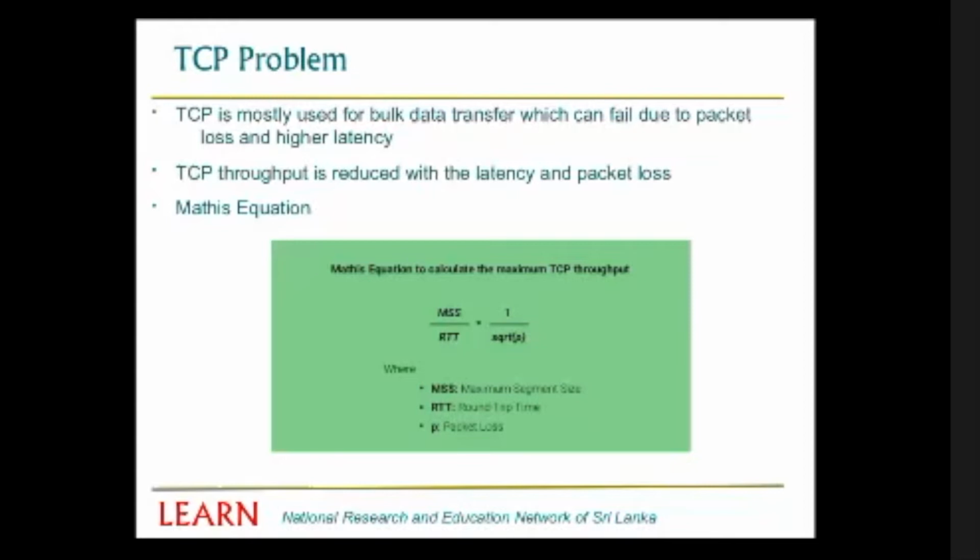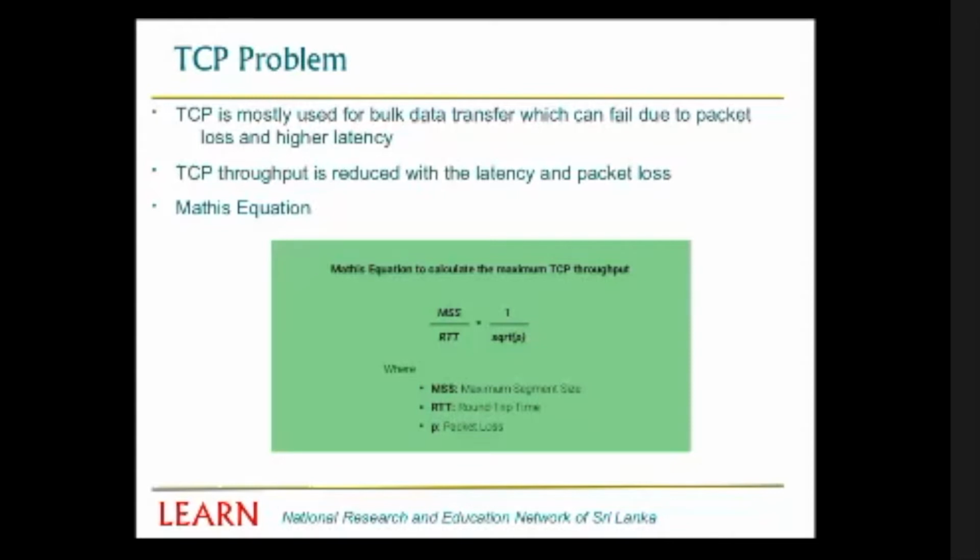If some packets drop, it has to retransmit those packets, so the actual throughput will be reduced due to these reasons.